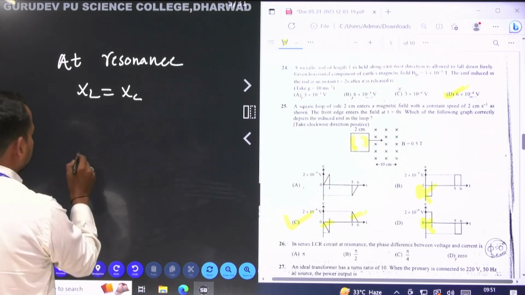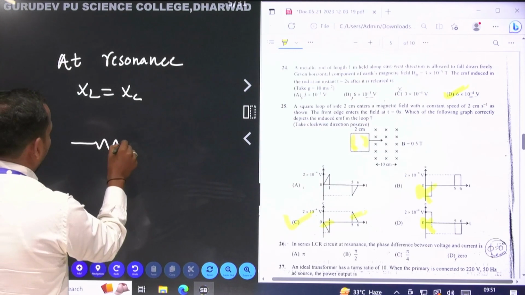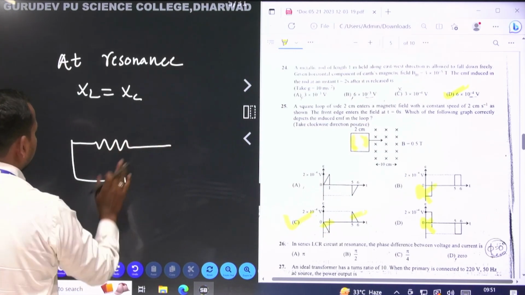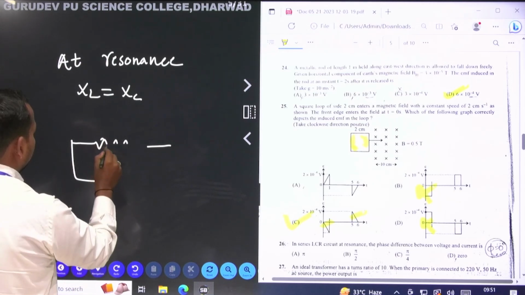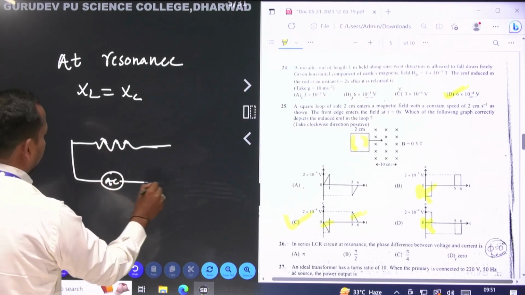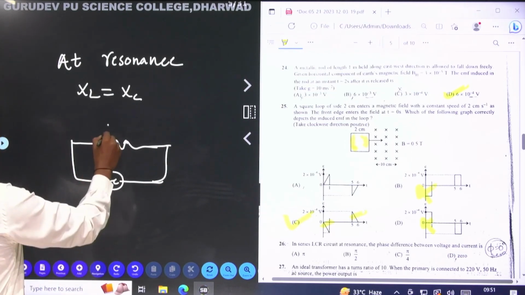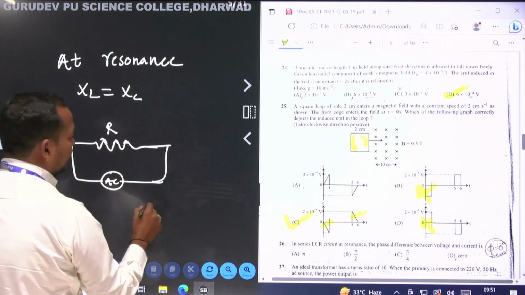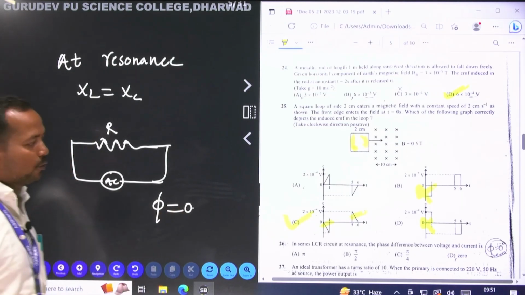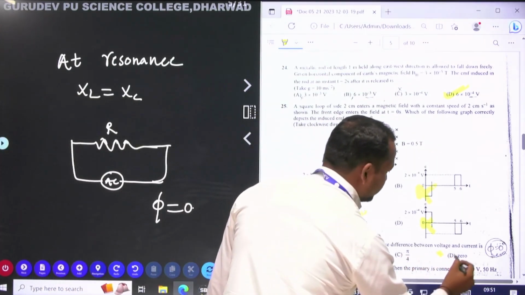The current is passing only through the resistor. In a resistor there is no phase difference. The phase difference is 0 between current and voltage. Therefore, the answer is option D.